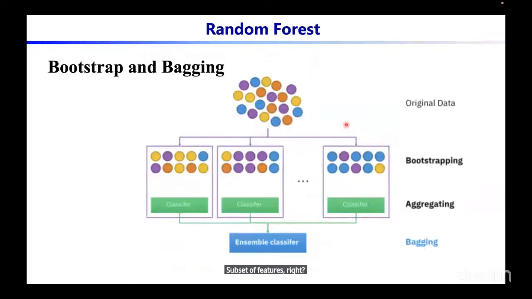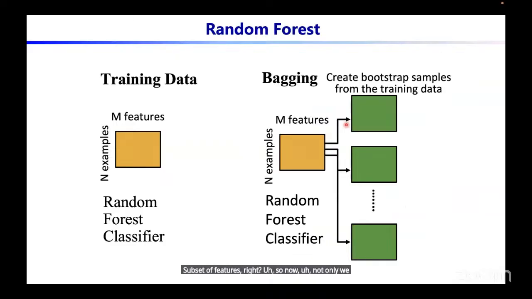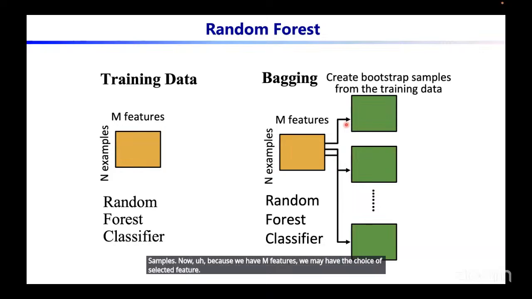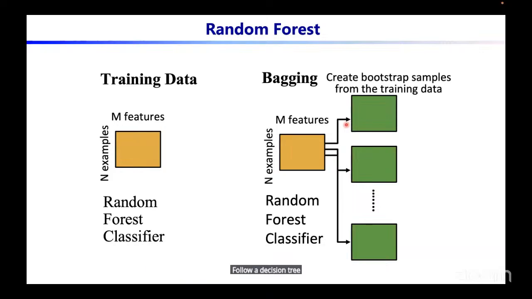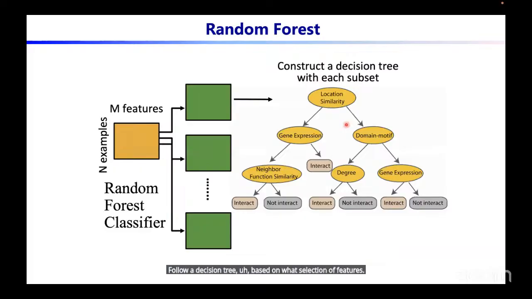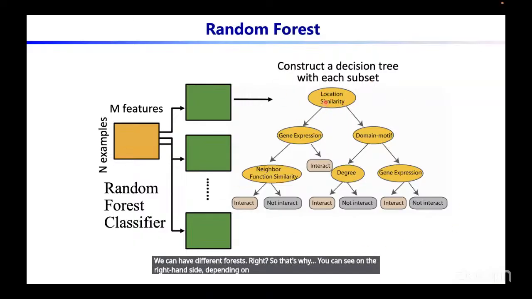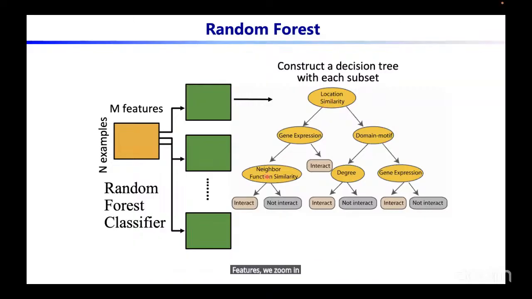Now, not only do we have the choice of samples, but because we have m features, we may also have the choice of selected features for a decision tree. Based on what selection of features, we can have different forests. So you can see on the right-hand side, depending on what features we zoom in on, we can have different forests.